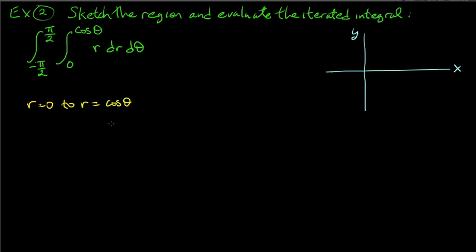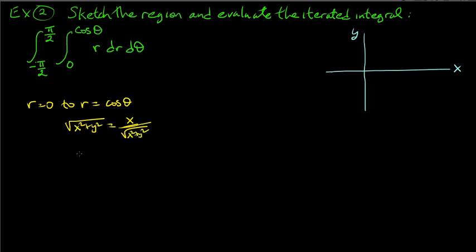So what is r equals cosine theta? Hopefully you know what it is. If not, let's convert this to rectangular coordinates where it's a little more familiar. Remember, cosine of theta is x over r, so x over the square root of x squared plus y squared.